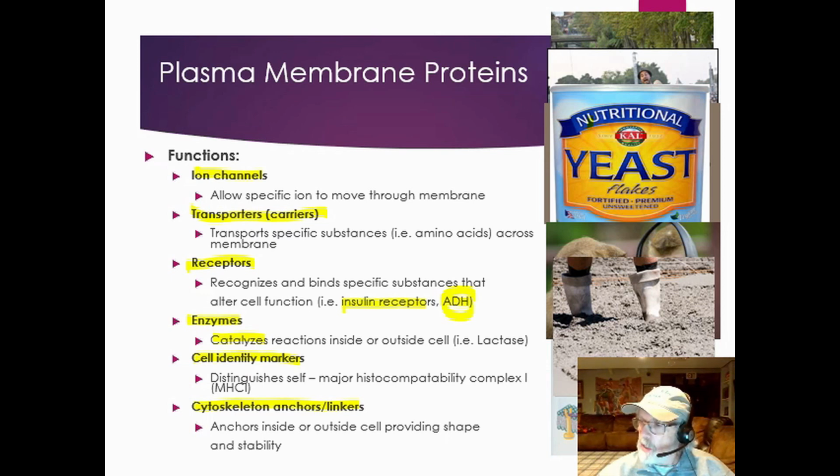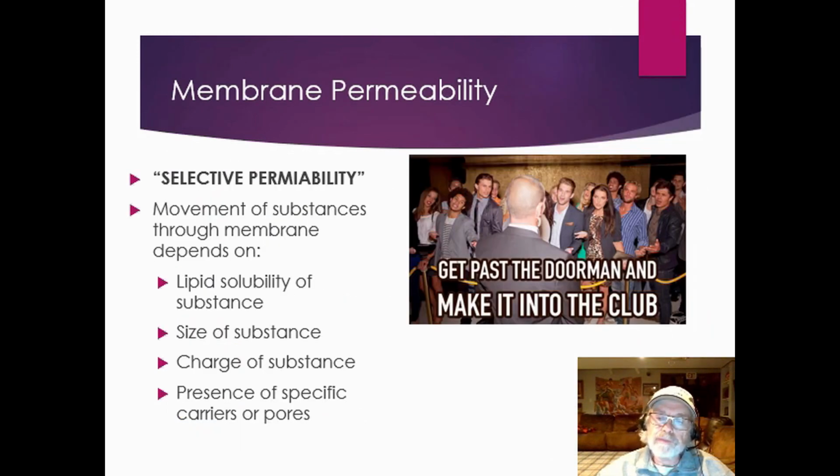Enzymes catalyze or produce some type of chemical reaction on either the inside or the outside of the cell. Cell identity markers actually distinguish who I am, as well as cytoskeleton anchors or linkers, which provide the cement that holds the microtubules and such that give the cell its shape, structure, and stability.